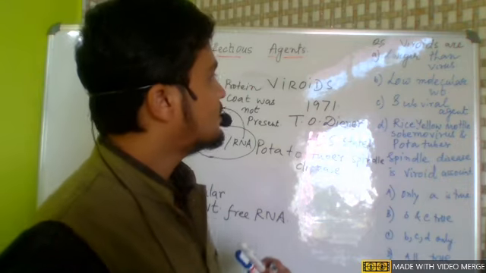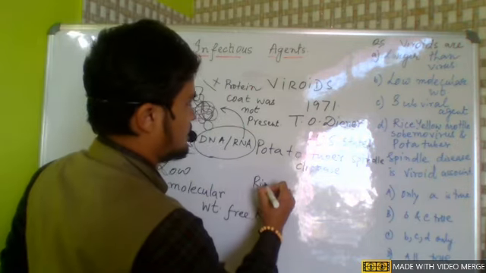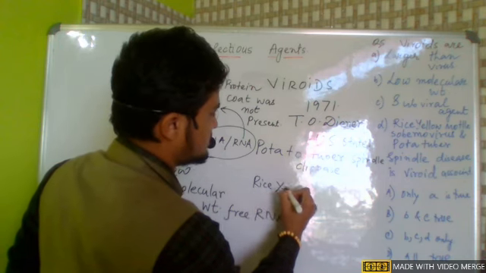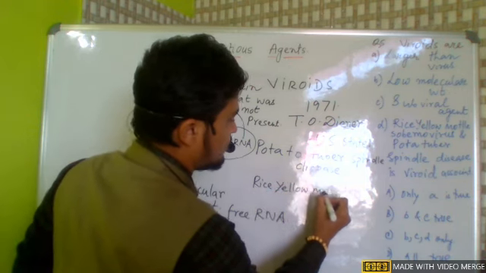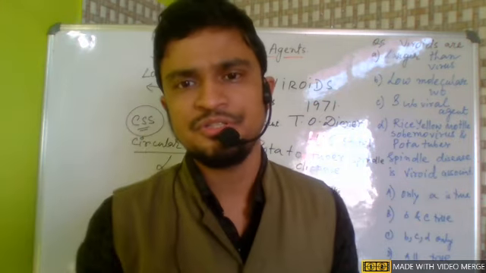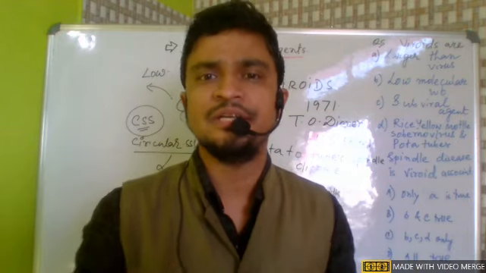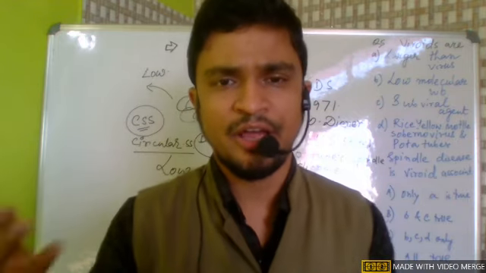Another very important disease that you can study is rice yellow mottle disease. Most of these diseases are in plants, but in humans you can also study one disease, hepatitis D, that is closely related to viroids.